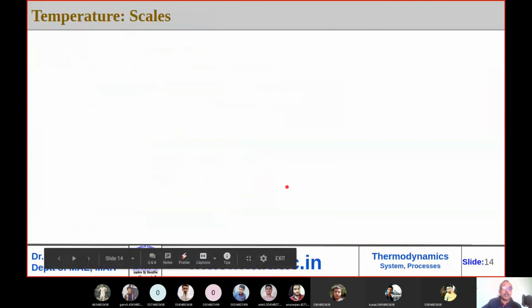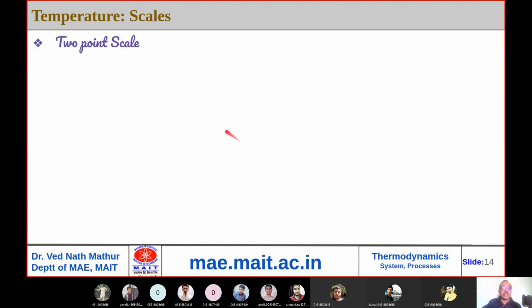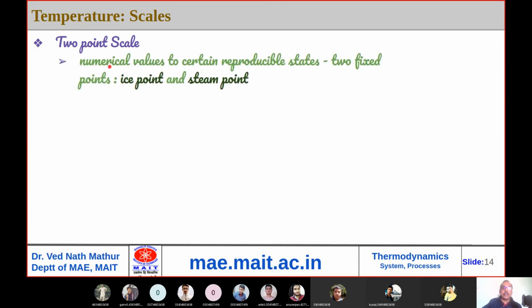There are different types of temperature scales. There's something called a 2-point scale, where we identify numerical values to certain reproducible states as two fixed points. Usually they are taken as ice point and steam point, where in the Celsius scale, we assume ice point to be 0 degree centigrade and steam point to be 100 degree centigrade.